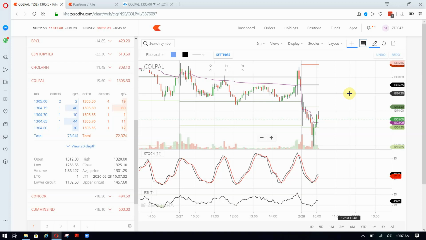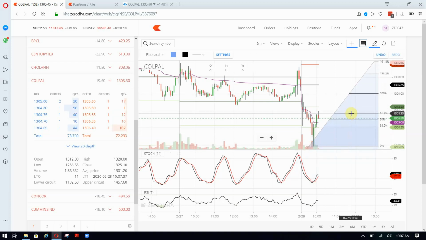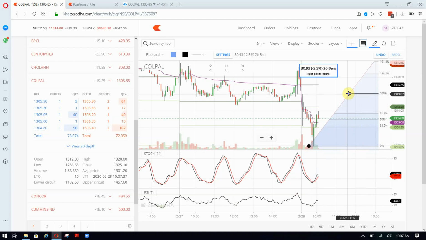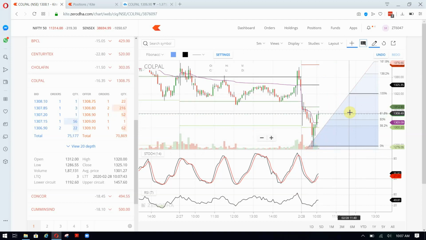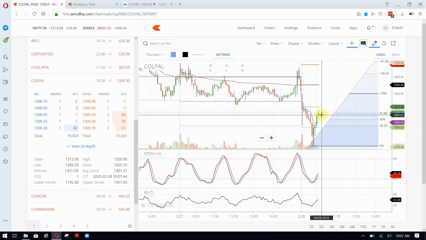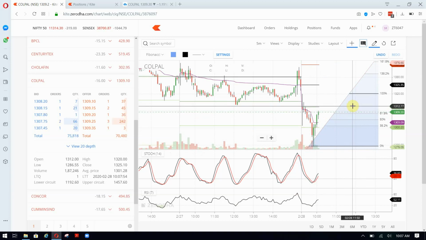I am not planning to take it. Actually, I could have done this a little before. The Fibonacci says that from today's entire price range, it was testing at the 61 percent. Let us see whether we are able to get our price.